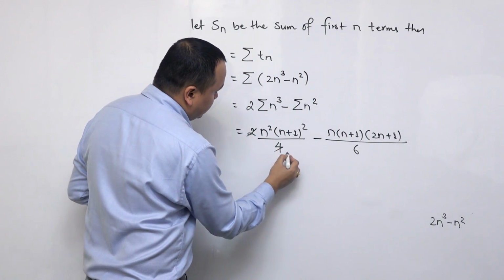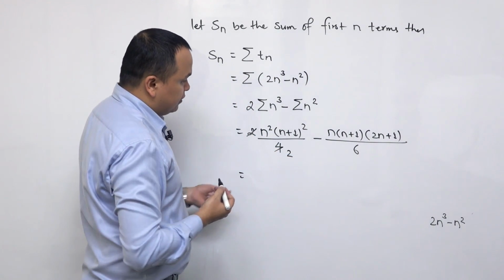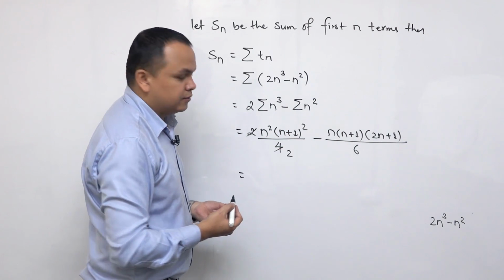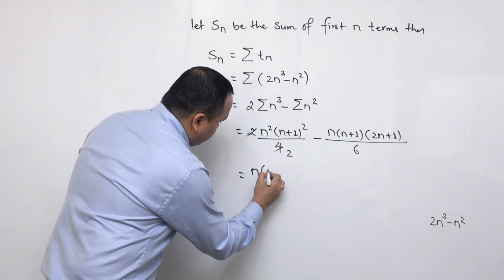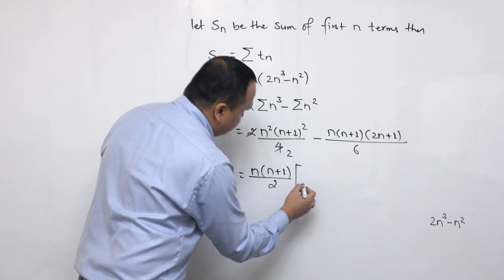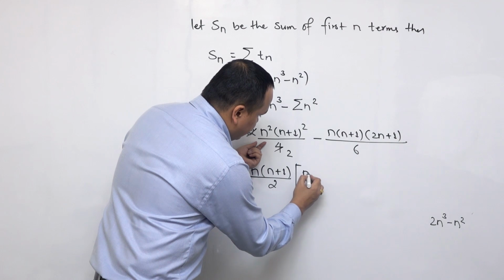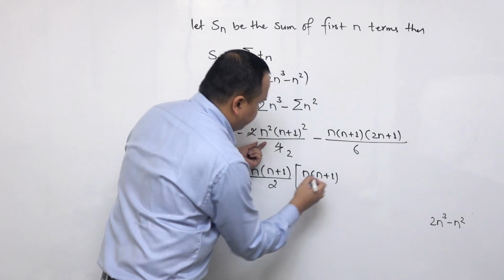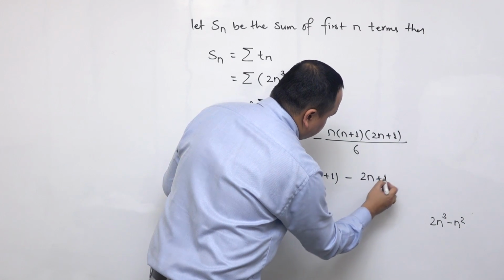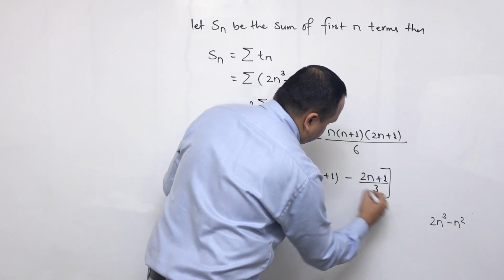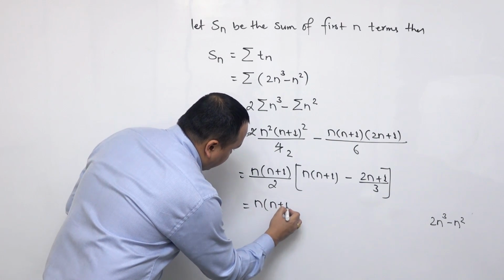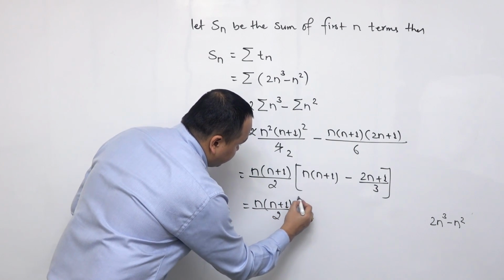Here 2 cancels, and n times n plus 1 divided by 2 is common. Then remaining n plus 1 minus 2n plus 1 divided by 3, or it becomes n plus 1 divided by 2.